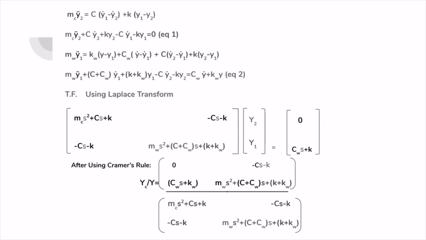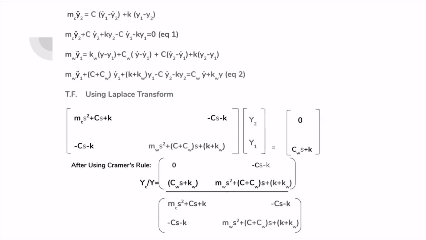So after using Cramer's rule to find this equation, we can get YC over Y is equal to the matrix 0, and then minus CS minus K for the top, and for the bottom we have the quantity CWS plus KW, and on the right we have MWS squared plus the quantity C plus CWS plus the quantity K plus KW.